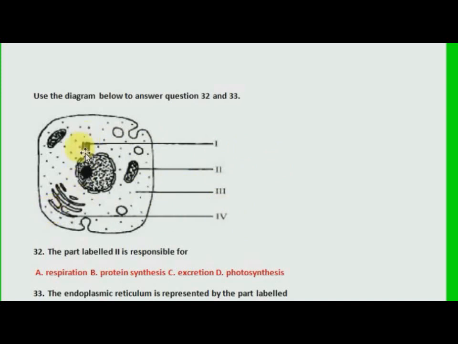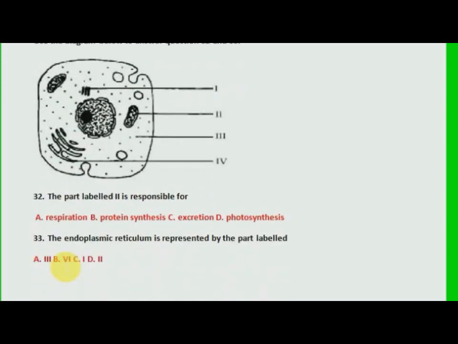These two always look alike, but the endoplasmic reticulum will always have an interconnectivity. You can see something joining together here. So the part labeled 2 is responsible for respiration, which is the breaking down of food substances to release energy. The endoplasmic reticulum is represented by the part labeled 4. That's your B.